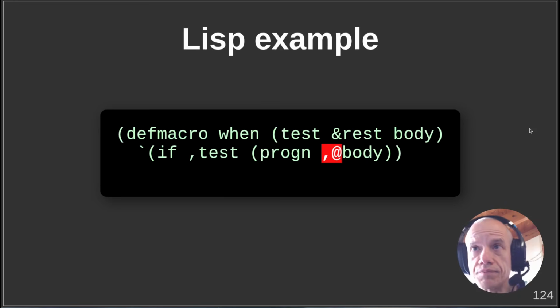An important point: I wrote test and body when I use comma or comma-splice. Here I'm using just a parameter name, but I can use whatever I want, including an expression. I can use a comma, open parenthesis, then a Lisp expression doing computation. So this is a full expression, like in JavaScript, not like in C++, where it must be a parameter, because it's just the name of the template parameter being substituted. Only the substitution was for parameters.